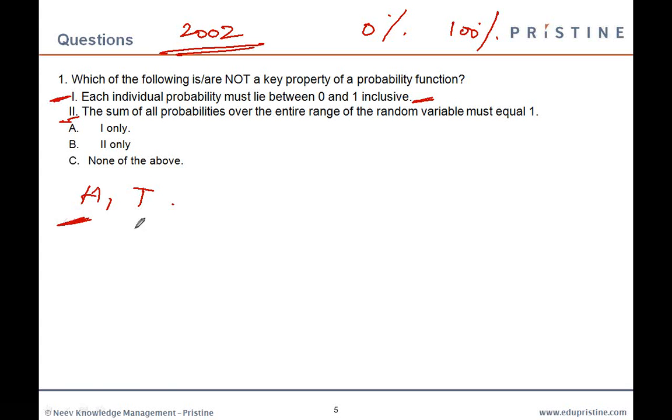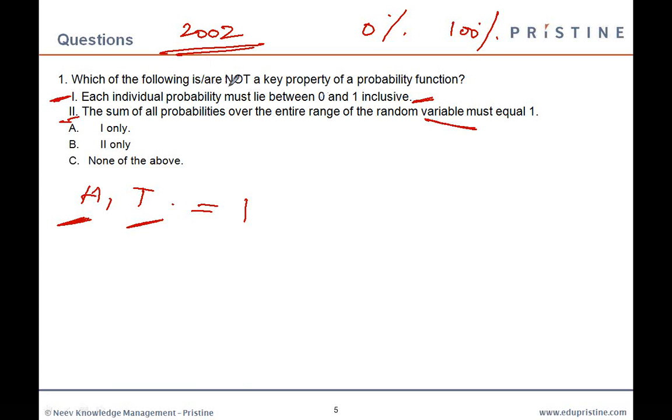The probability of getting head plus the probability of getting tail should always equal 1, because these are the only outcomes that are possible. Since they are mutually exclusive and exhaustive, the sum of probabilities of all these exhaustive events should always equal 1. So 2 is also a correct property.